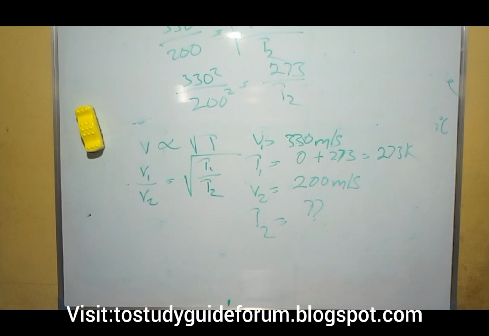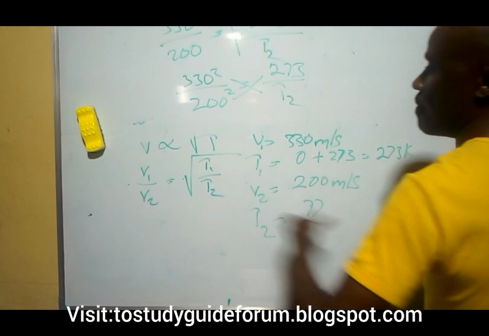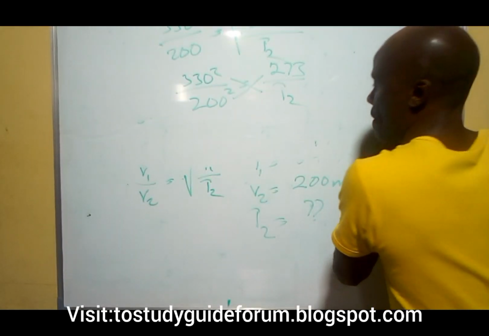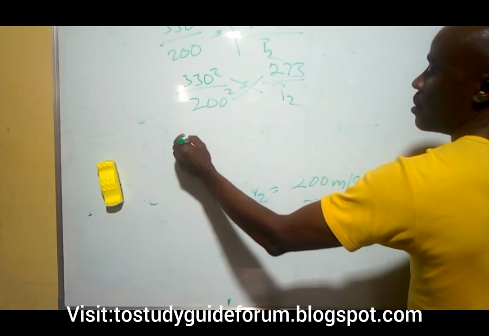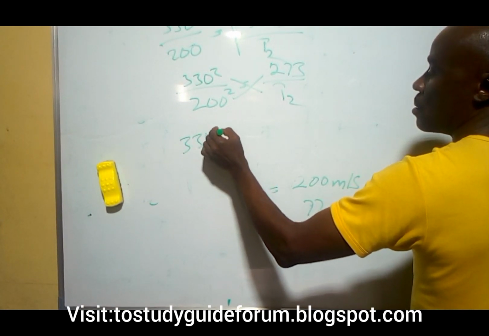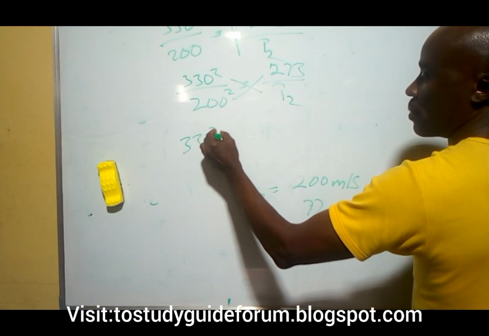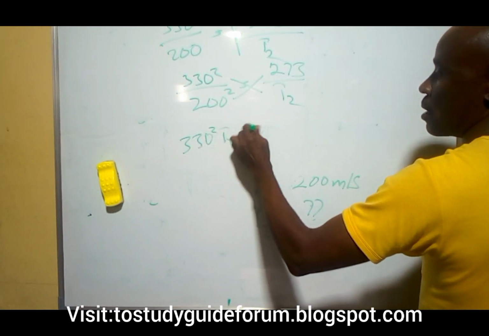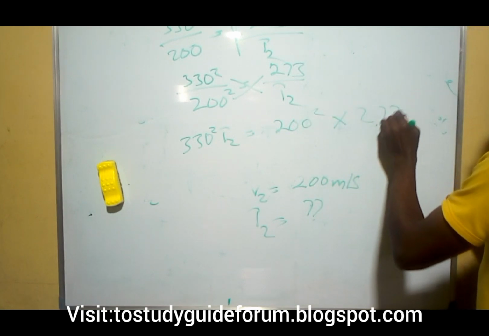So when we cross multiply, we will have 330 squared T equal to 200 squared times 273.